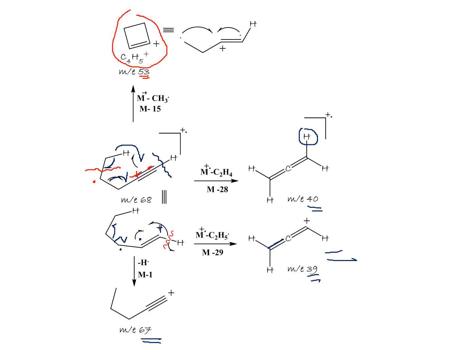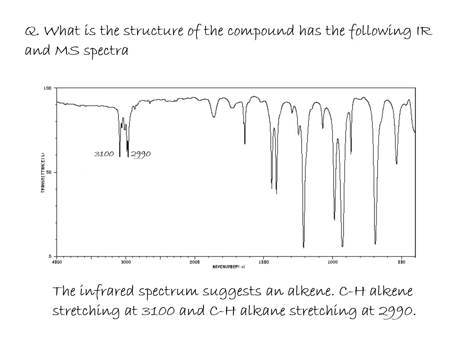So we were able to get 40, 39, 67, and 53. Okay? So the structure might be correct.